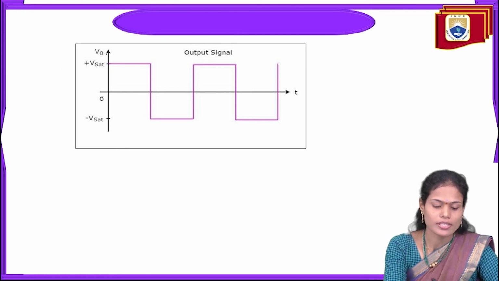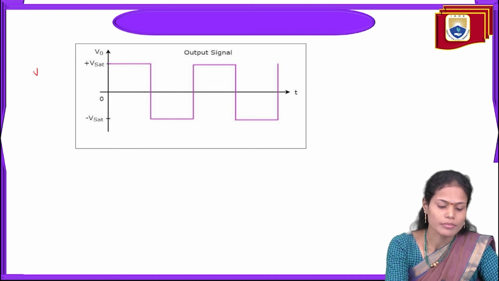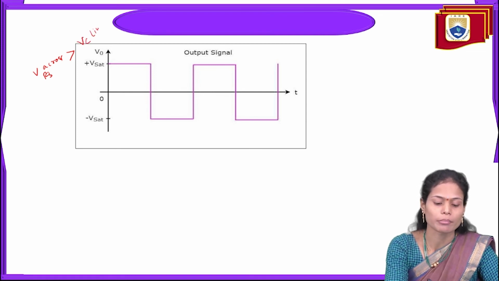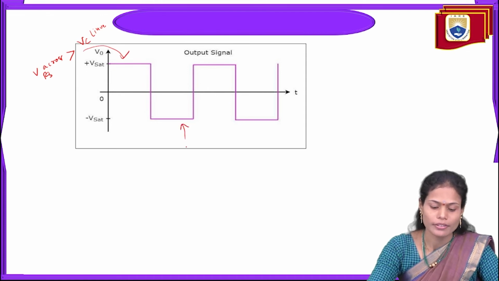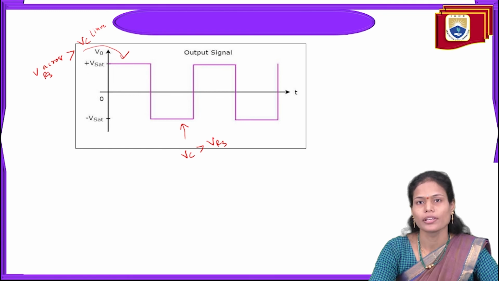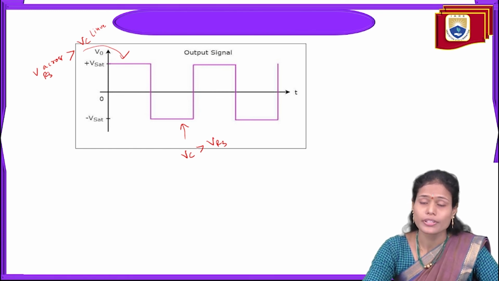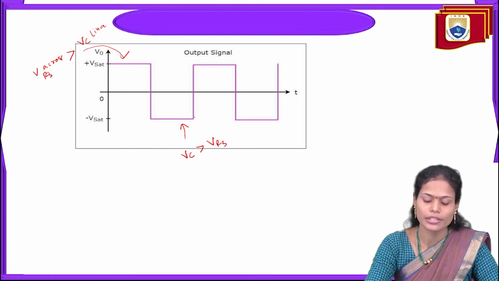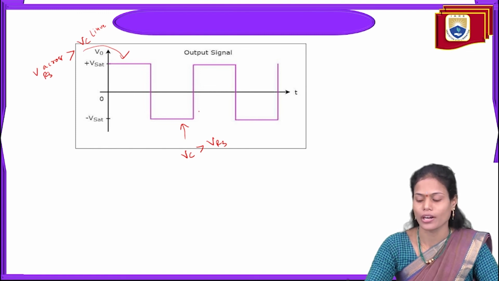We get plus saturation whenever the voltage across R3 is greater than the voltage across the capacitor at the inverting terminal. Whenever the capacitor voltage is greater than the voltage VR3 present at the non-inverting terminal, we will get the negative saturation output.